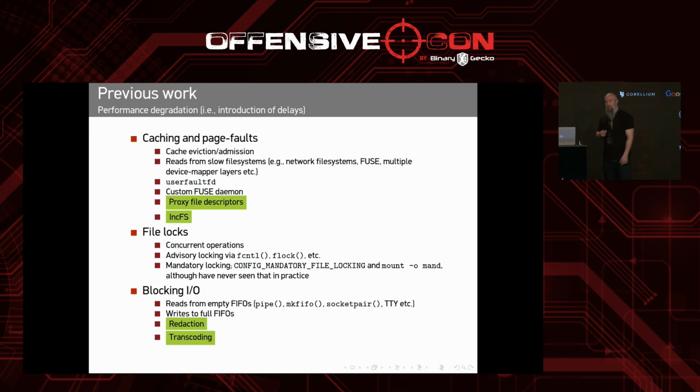The exploitation techniques that we'll be discussing fall under these categories. The proxy file descriptors and IncFS are kind of similar to the userfaultfd and custom fuse daemon techniques, while reduction and transcoding, the other two techniques that we will have a look at, are blocking I/O techniques.